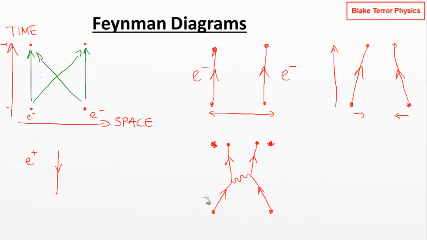You've got a photon in the middle, so we've got electron with the upward arrows. We got a photon which was emitted. So earlier in time, if we look at what's going on with the time here on the vertical axis, that is earlier where it was emitted, and that is later where it's absorbed by the other electron.